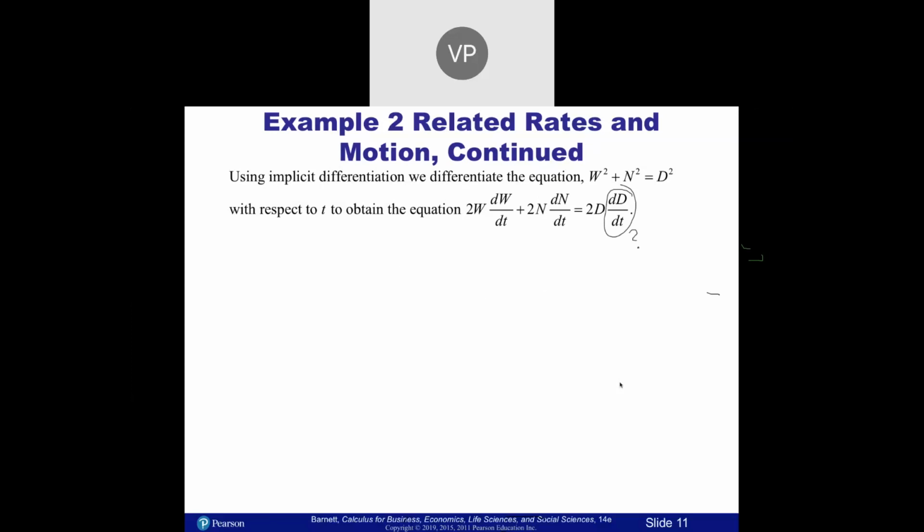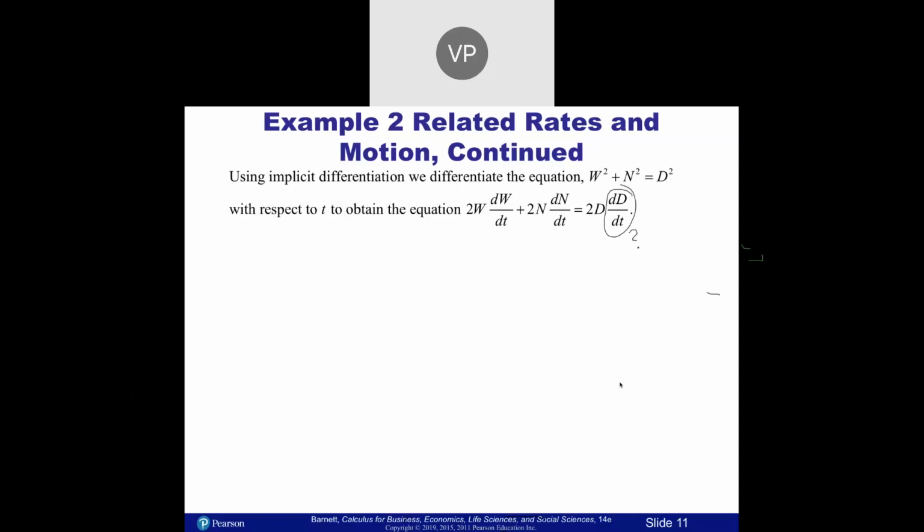They didn't ask you how fast is the first plane changing distance or the second plane, and they didn't ask how far was in between the planes. They want to know at that moment in time how fast the distance between planes is changing. That's the dD dt. So in order to find that answer, we need to find the other 5 variables.